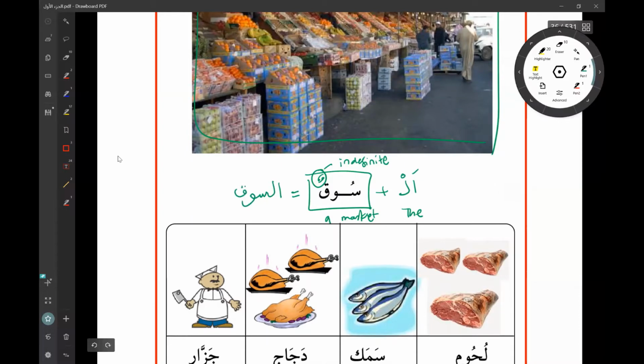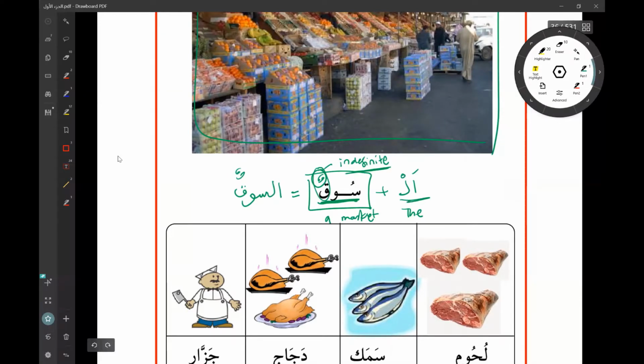Okay, so now we have as-souk. This part is good. Now the second thing we have to know is, what do we do with the ending here? Do we say as-sukun? Because this word is sukun, right? We added alif lam. Now do we say sukun? Think about what we're saying. We said that tanween is indefinite, right?